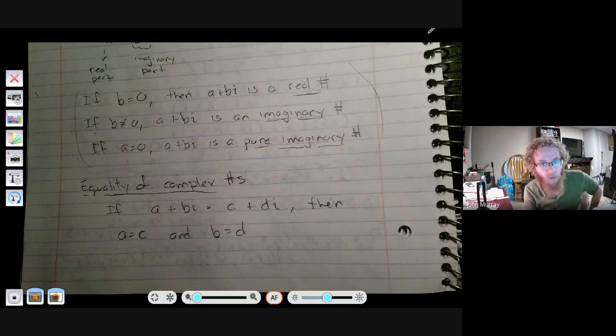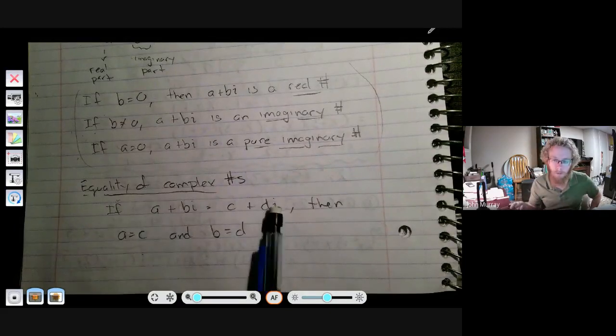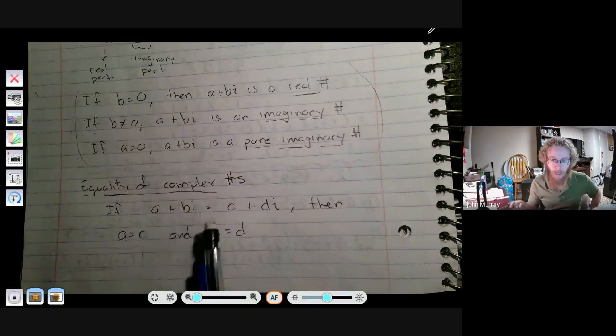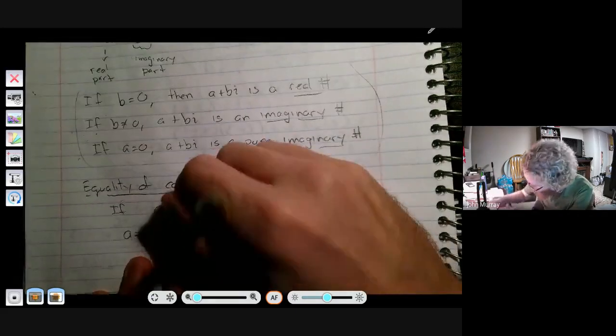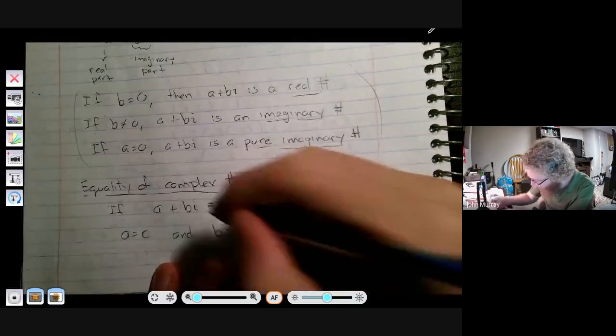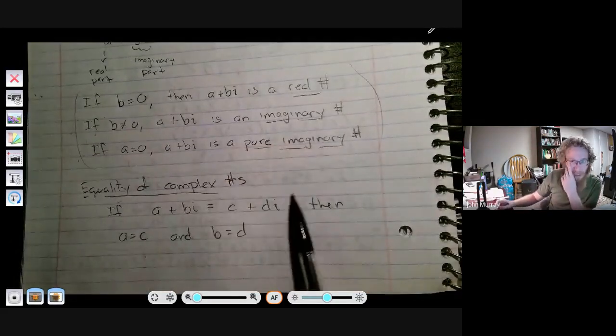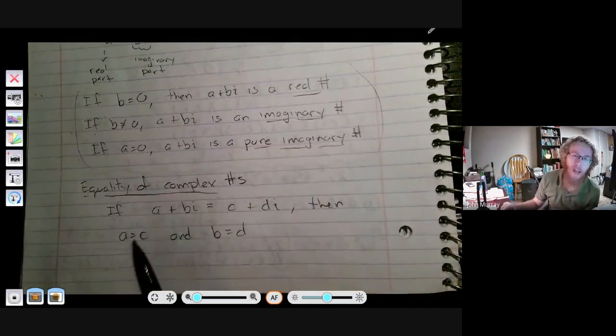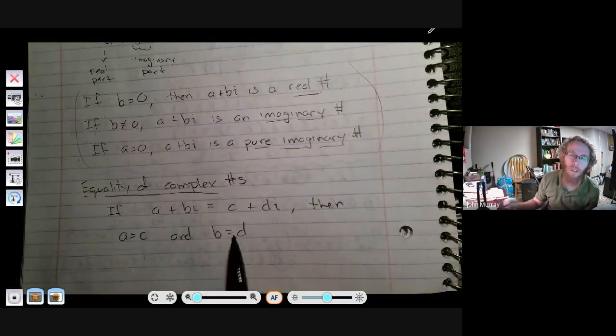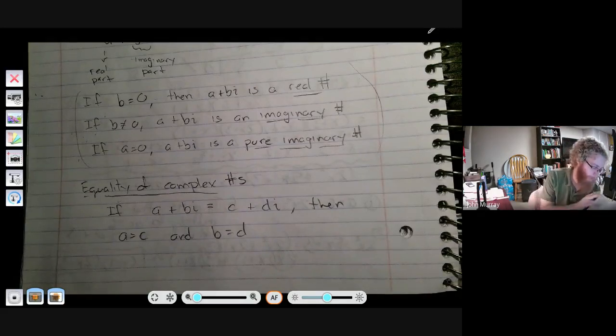It might seem like common knowledge, but if we have two complex numbers equal to each other, a plus bi equals c plus di, right? Then a has to equal c. They have to be equivalent, and b has to equal d. They have to be equivalent. There's no way around it. They wouldn't be equal if those two parts were not also equal.